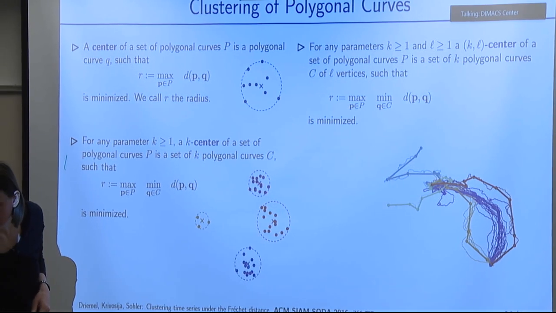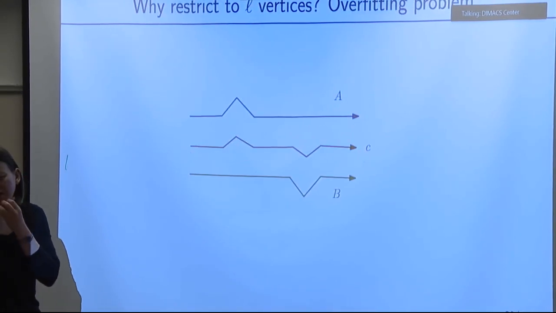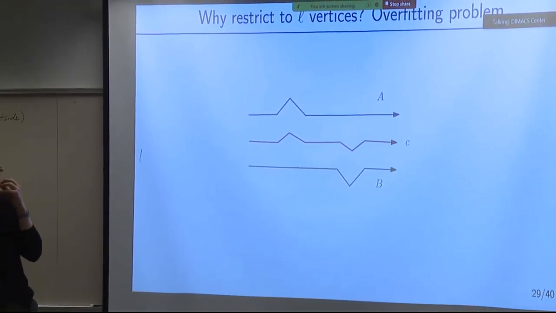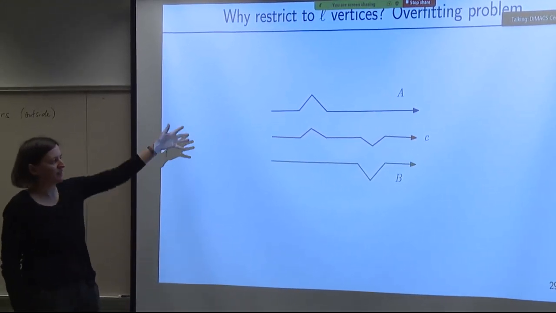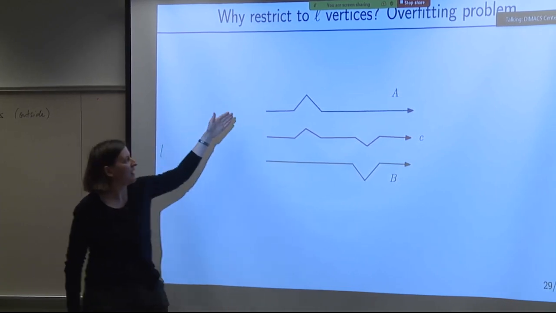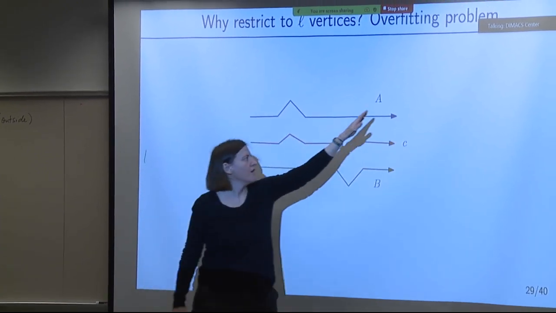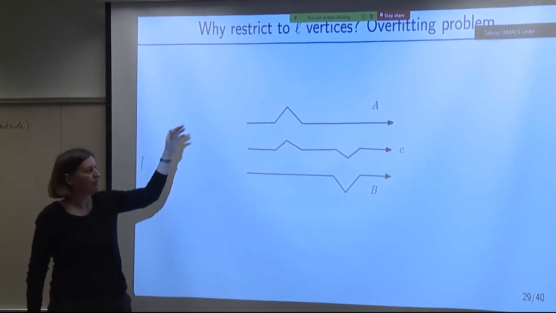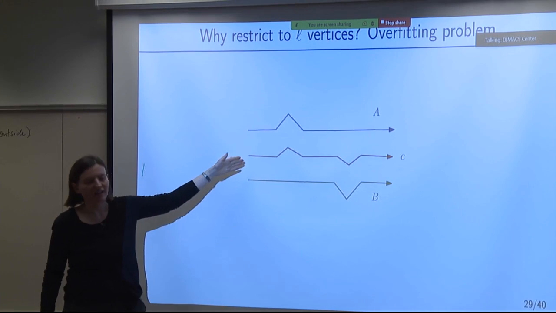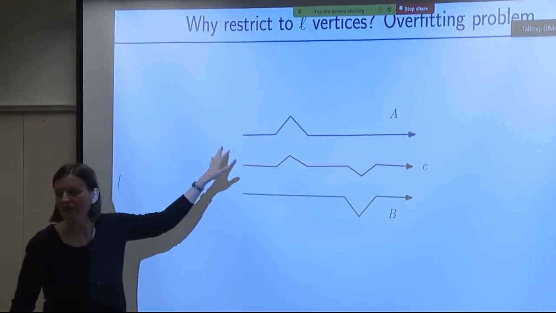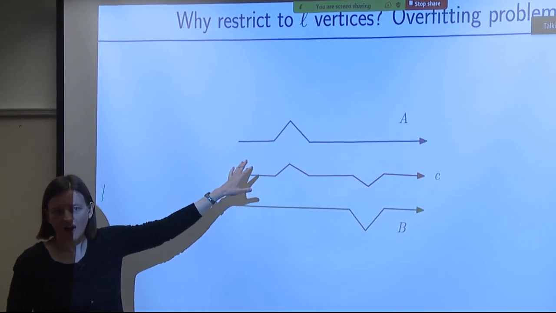Why do I look at this problem? Because if we don't restrict ourselves like this, we get an overfitting problem. So let's say my data set is just these two curves, A and B. And I have 1, 2, 3, 4, 5, so 10 vertices that describe my data set. If I look at the exact center, it will have 1, 2, 3, 4, 5, 6, almost the same number of vertices as are in my input there.